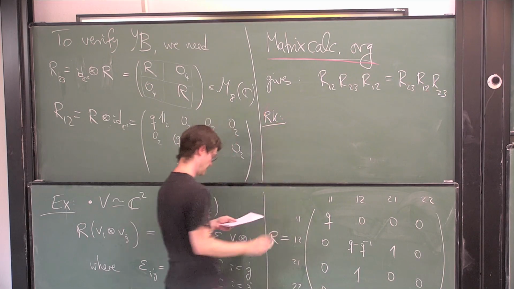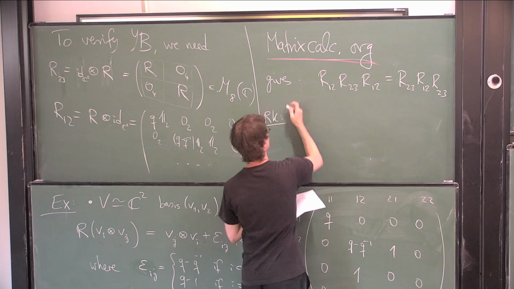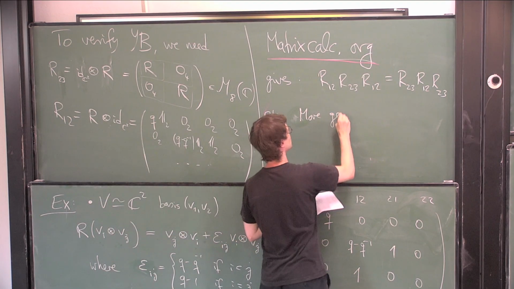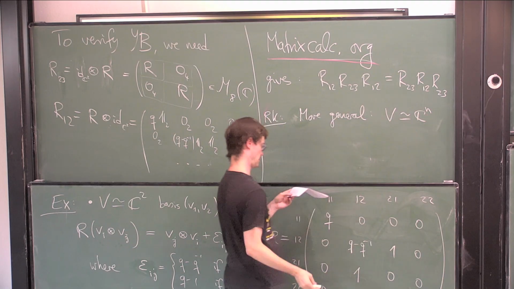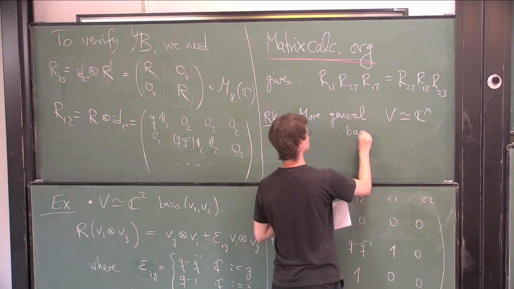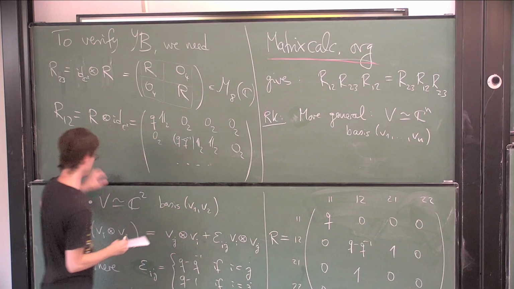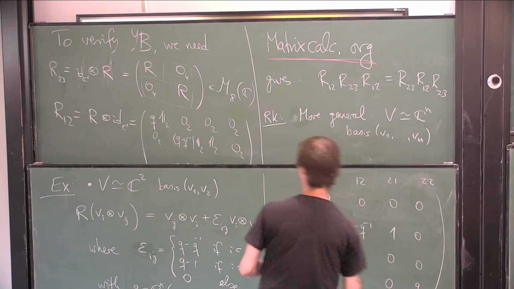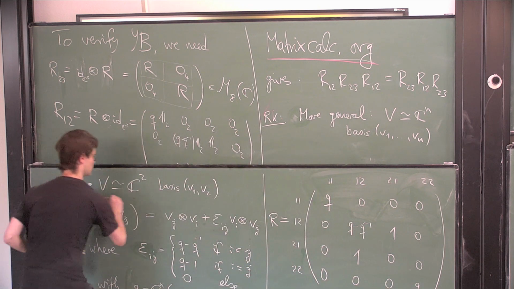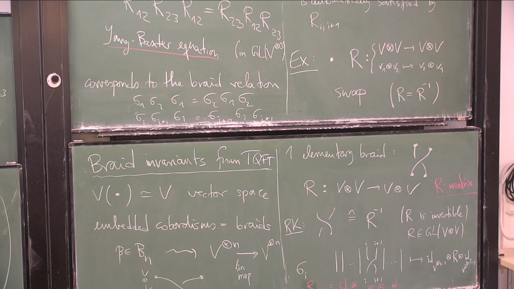The remark is, more generally, you can take V to be C to the N, with some basis v1 to vN, and you take exactly the same definition. Take the same definition here. Maybe I like this in color because it's very universal. This thing together with this, together with this, stays the same.